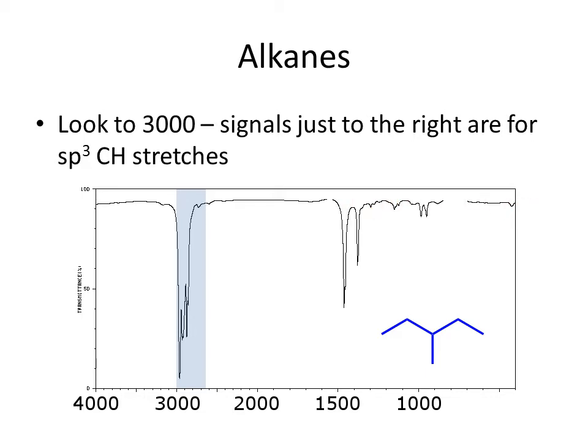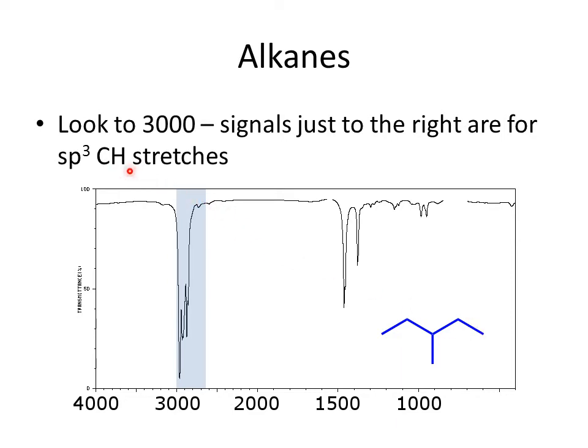What does this tell us? If we look at a number of different instances, we'll see that in alkanes, every time we've got alkanes, we tend to have signals in here. Because it turns out that just to the right of 3,000, so slightly smaller numbers than 3,000 wave numbers, that's the energy of an sp3 CH stretch.